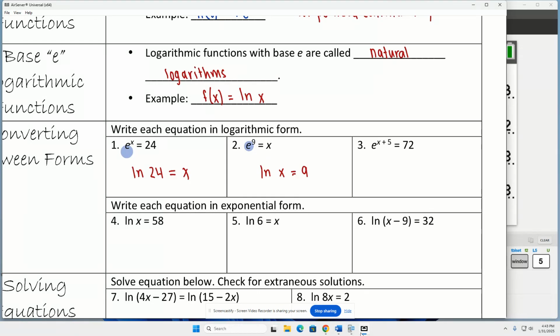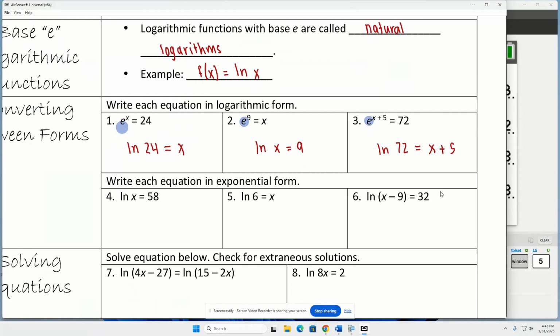It's just when I see base E, I know I'm using natural log. And then I'm doing the loop. Natural log, understood base E, of 72 equals x plus 5. And that's how you rewrite these, just like we did before. The only difference is because they're base e, we're using natural log, and we don't have to indicate the base because it's understood base e.